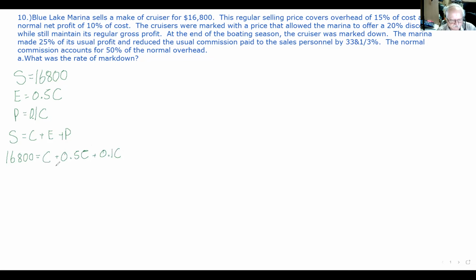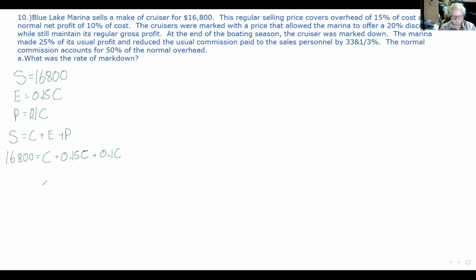So pretty much exactly the same process as the question we just did. 1 plus, oh, I've changed this 15% to 0.5. Sorry about that. That would screw everything up badly. Thank you to the people who pointed that out and saved me from going in a terrible direction.